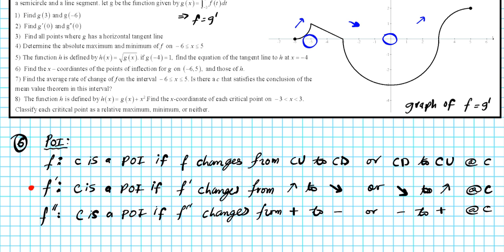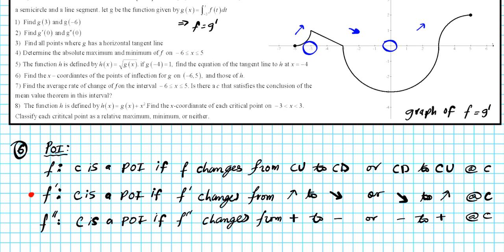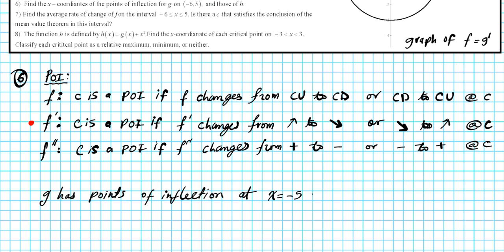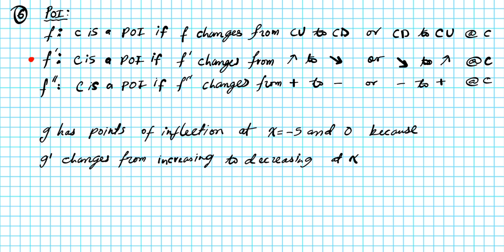So let's write down our answer and justification. We're going to say g has points of inflection at x equals -5 and 0, because g prime changes from increasing to decreasing at x equals -5, and g prime changes from decreasing to increasing at x equals 0.